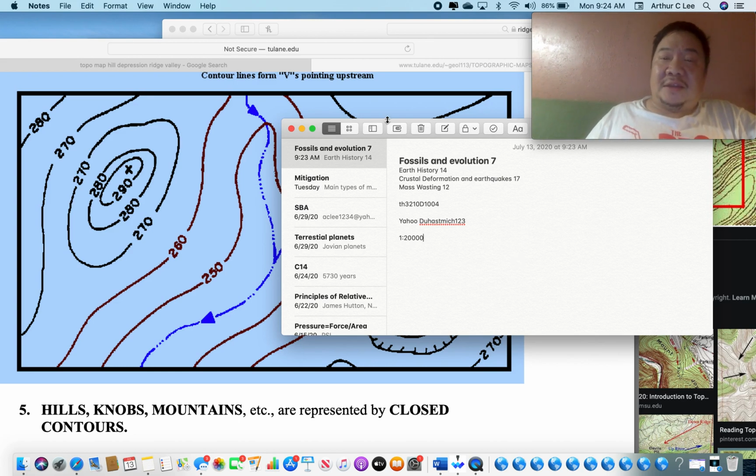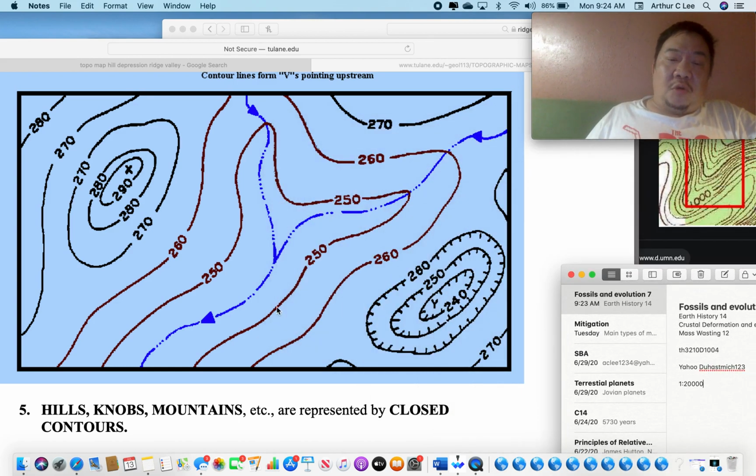Another way of saying that is that if I were to walk 1 inch on this map, from here to here, about an inch, I would have walked 20,000 inches in the real world. Or if I were to go 1 foot on this map, then I walked 20,000 feet in the real world. If I walked 1 centimeter on this map, I walked 20,000 centimeters in the real world.